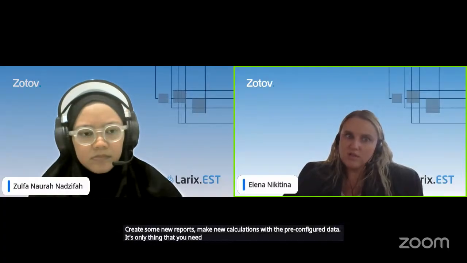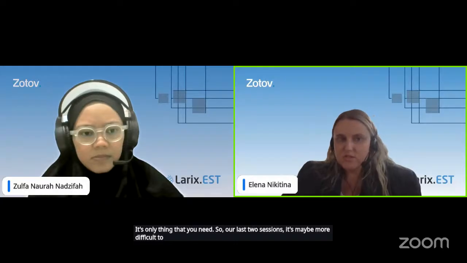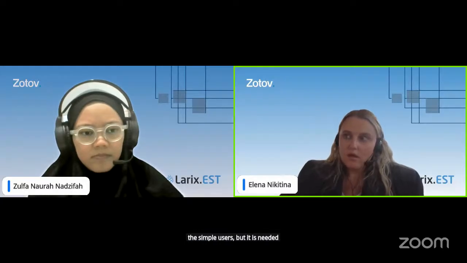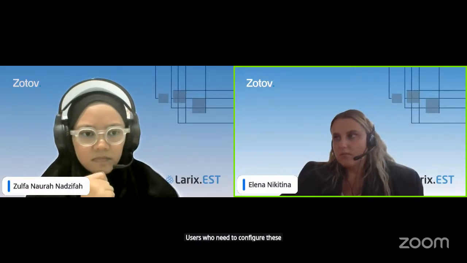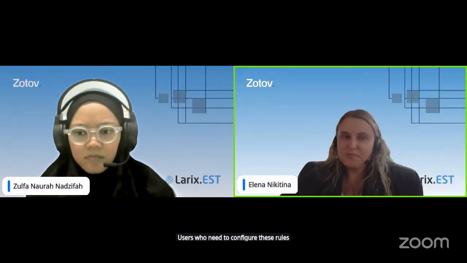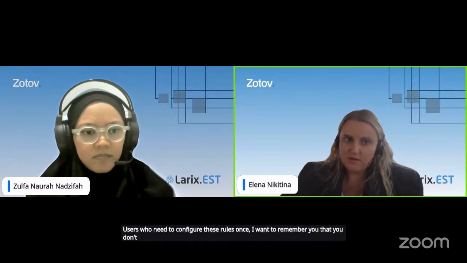So our last 2 sessions may be more difficult for the simple users, but they are needed for users who need to configure these rules once. I want to remind you that you don't need to do this for many projects.